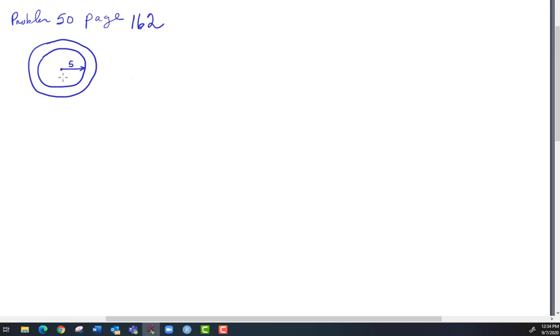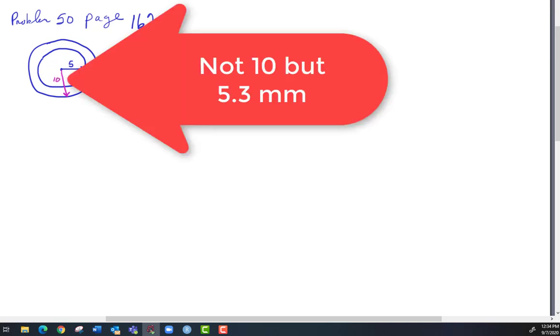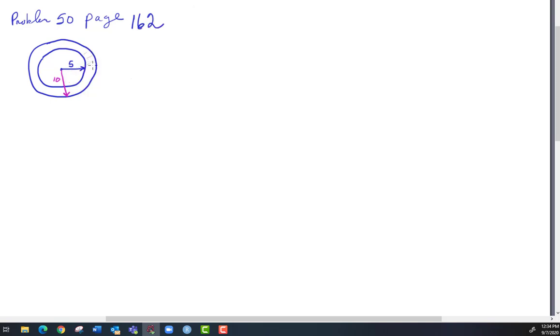And the radius to the outside of the shell is 10 millimeters. So we want to know about the volume of the shell, just the shell, not the material inside, but how much material it took to build that shell.